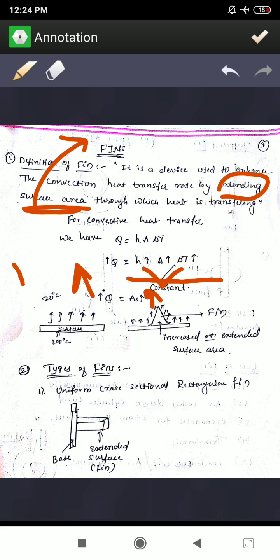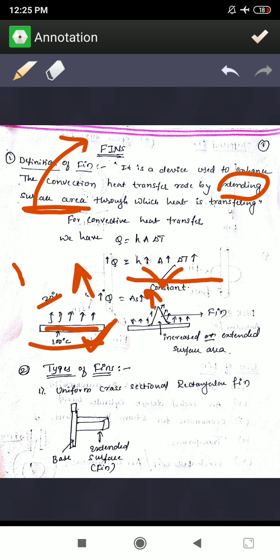Let's take a small example here. Here we have one surface, or you can say a base of the material, that is maintained at 100 degrees Celsius, and the surrounding temperature of that material is maintained at 20 degrees Celsius. So delta T is nothing but 100 minus 20 degrees. Now how to increase this surface area? In this first figure, the surface area is only this much.